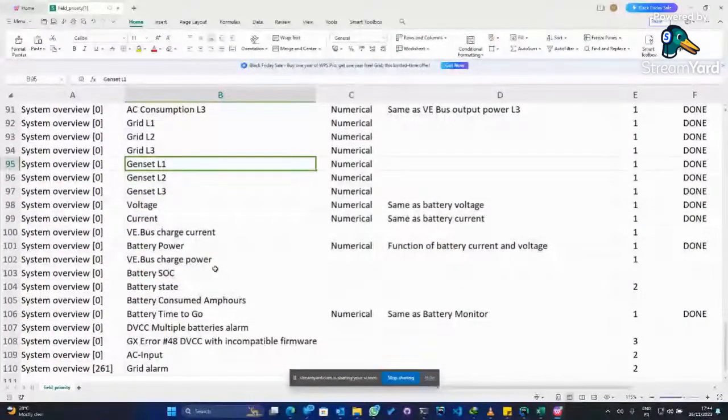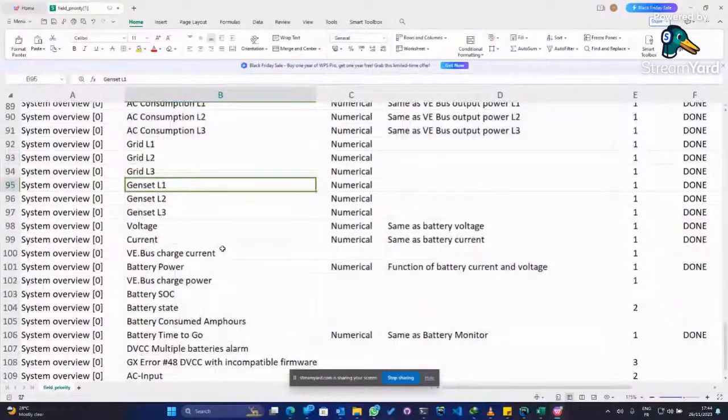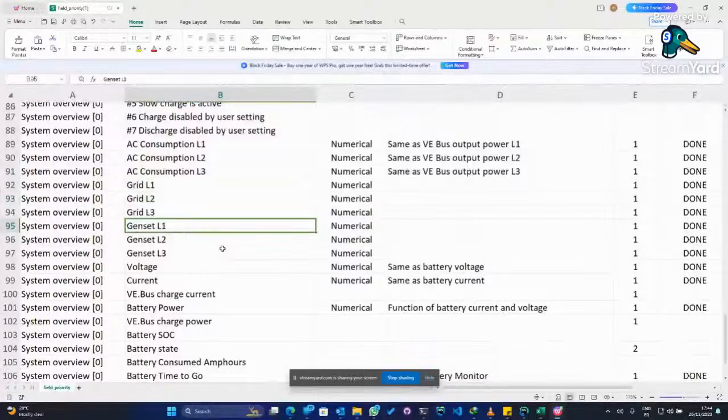In fact, the values of the VE bus system are actually a subset of the system overview, because as the name says, it's a general look of the system. So you can look at the system overview and forget about all the other devices, because it will give you some insight on the grid, on the genset, and on the power consumption.